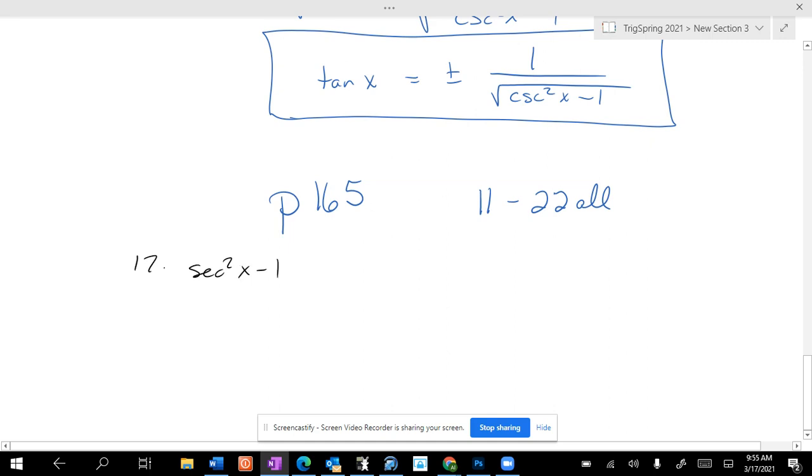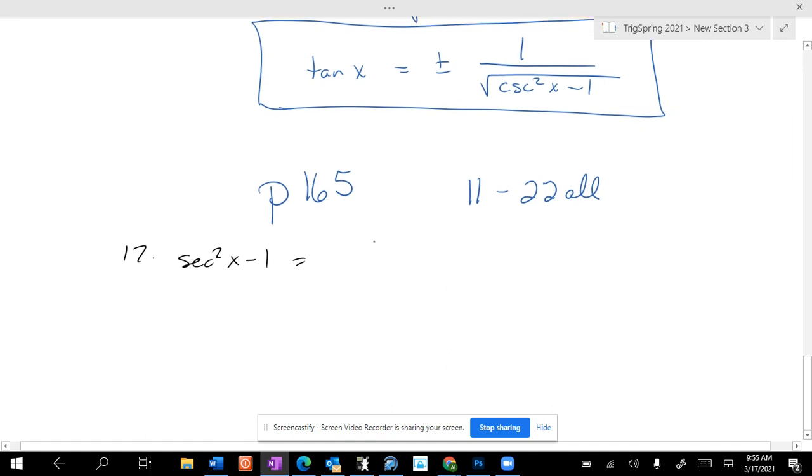Okay, but it's not in terms of sines and cosines, is it? So to get it in terms of cosine, secant is what in terms of cosine? 1 over cosine, right? So it's 1 over cosine squared. And I just changed my a's and b's and alphas to x's because they're easier, right? So you could put it like this, or more properly, we multiply this one by cosine squared over cosine squared.